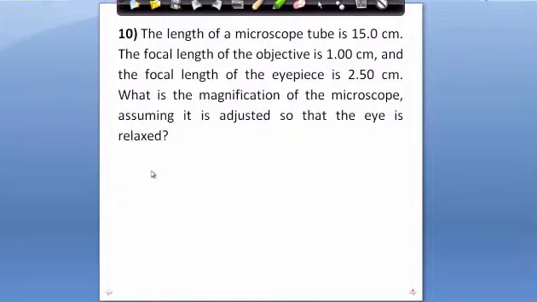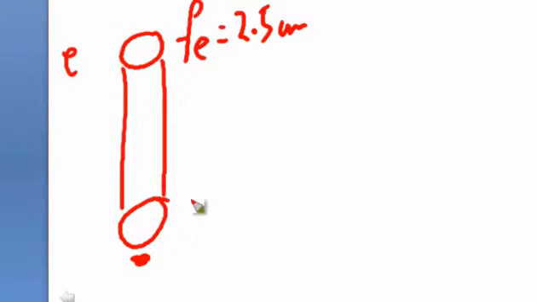Now the things which are given: we have the eyepiece which has a focal length of 2.5 centimeters. So there must be some object here, and this is the objective lens, which has a focal length of 1 centimeter.